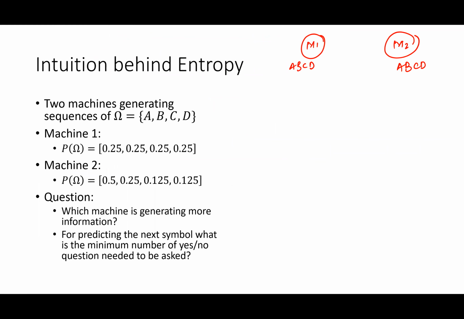Now machine 1 generates each of the symbols with the same probability. So the probability of A is equal to the probability of B, equal to the probability of C, equal to the probability of D, and that is 1/4, which is 0.25. So this might randomly generate symbols like A, B, B, C, A, D, something like that.